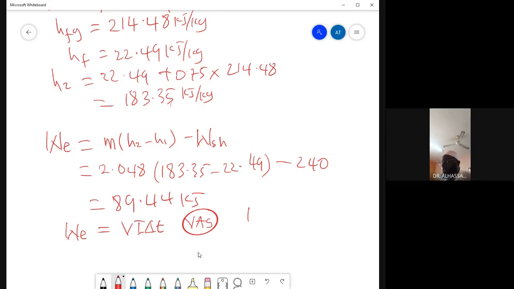I think 1 kilowatt or 1 VAS equals 1 kilojoules.